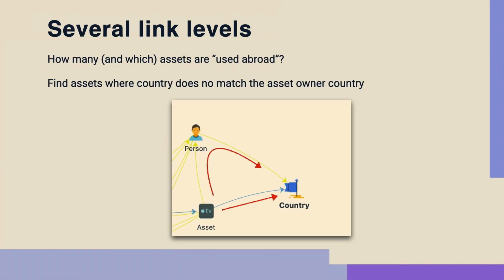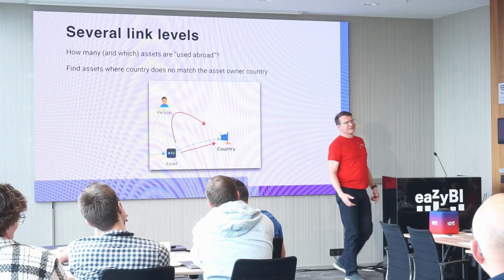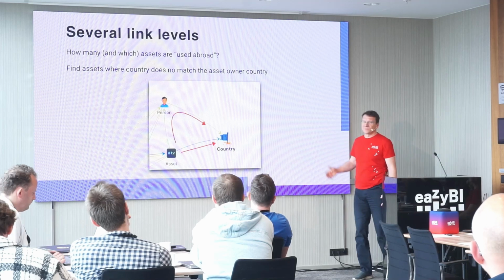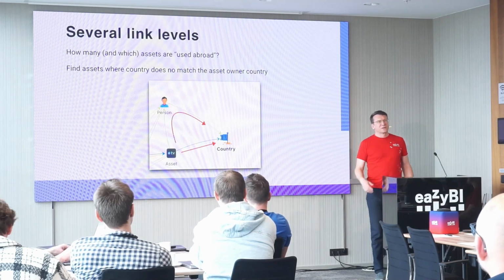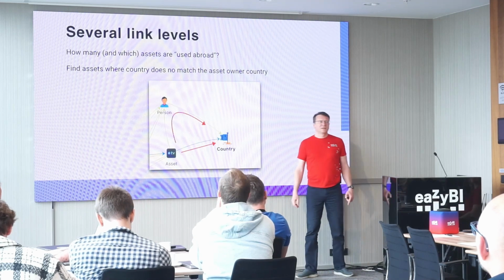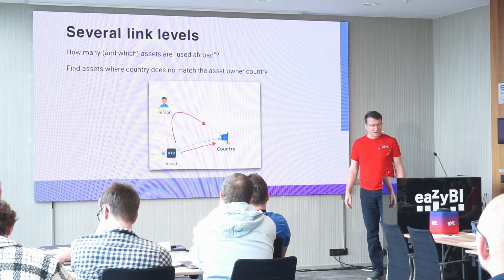Well, and now let's have a look at two-level linking. I have to say that some customers need even more levels of linking, and that makes formulas even larger than what I will show you now, but the message is that those use cases are also possible.